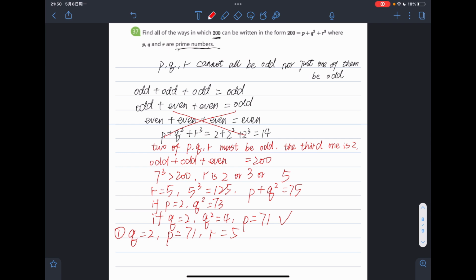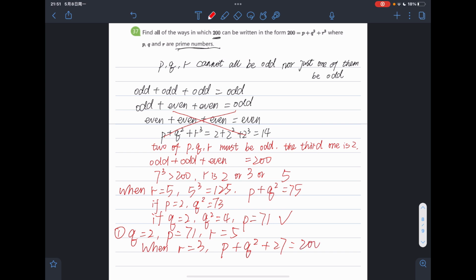And let's further work on r. So when r is 3, then p plus q squared plus 27 equals 200.